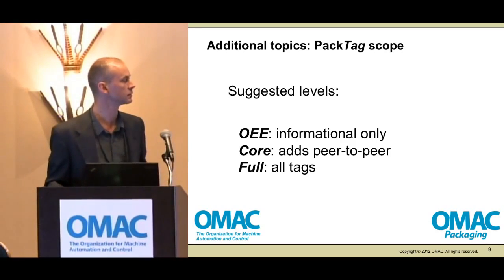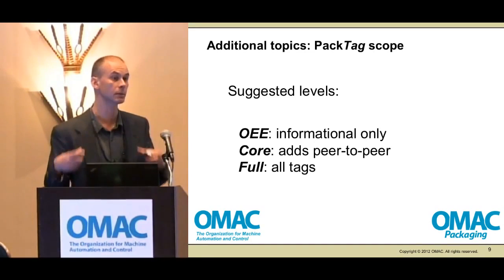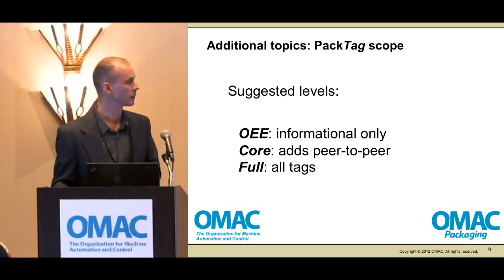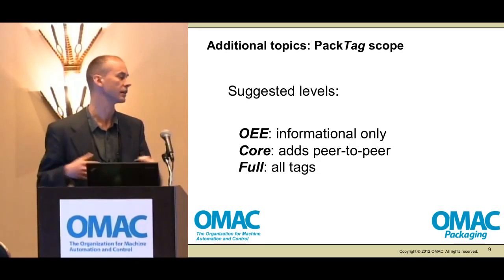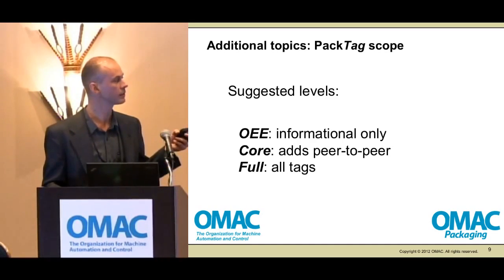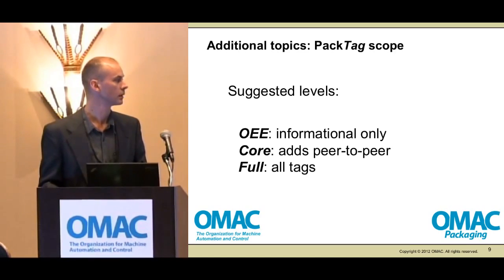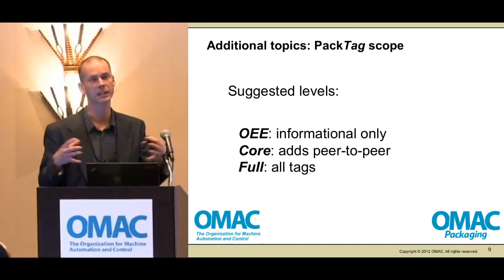So this OEE layer that you see in the document, this will be replaced by the minimum tag set that the PackML group is currently considering. But beyond that, we'll have a core set, which is slightly expanded, and then we'll list the full tags. The point of this is only to try to make this pack scope definitions problem more tractable. We're just trying to provide an aid. This would be a natural way to group pack tags together.